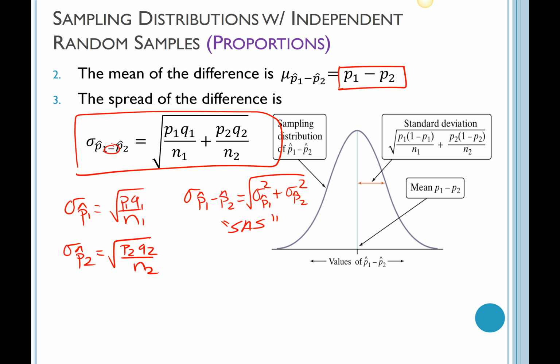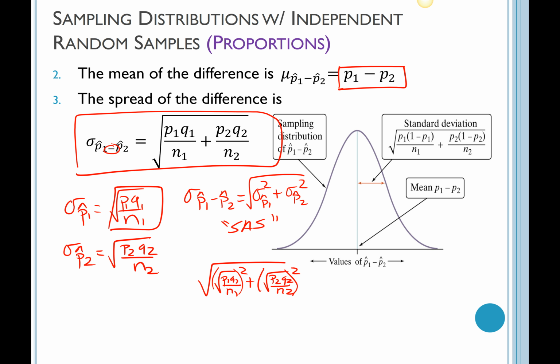So if you take this right here and substitute it in, that's going to be the square root of p1 q1 over n1, all squared, plus the square root of p2 q2 over n2, all under there squared.